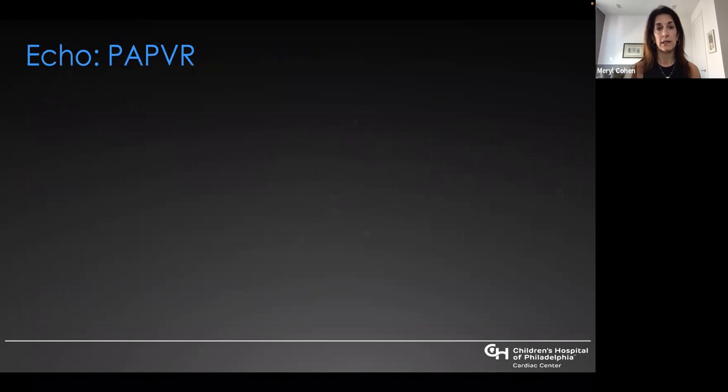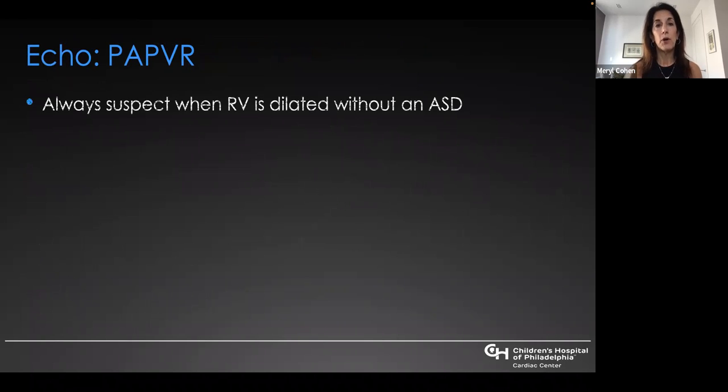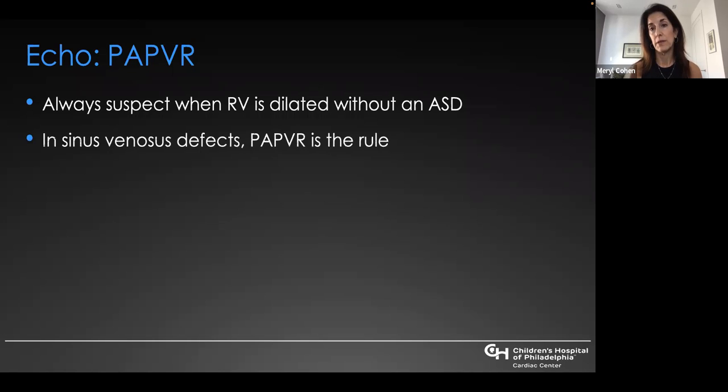So some of the talking points or tips I give to sonographers and echocardiographers and trainees when looking for partial anomalous pulmonary venous return or connection: always suspect that you have partial anomalous pulmonary venous connection when the right ventricle is dilated, but you don't see an atrial communication.